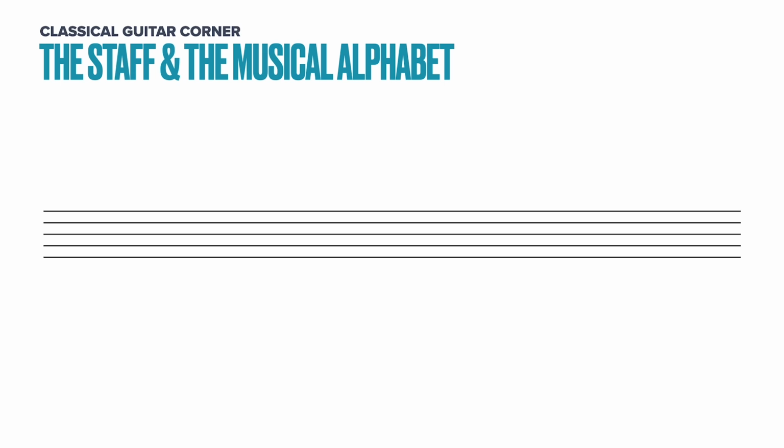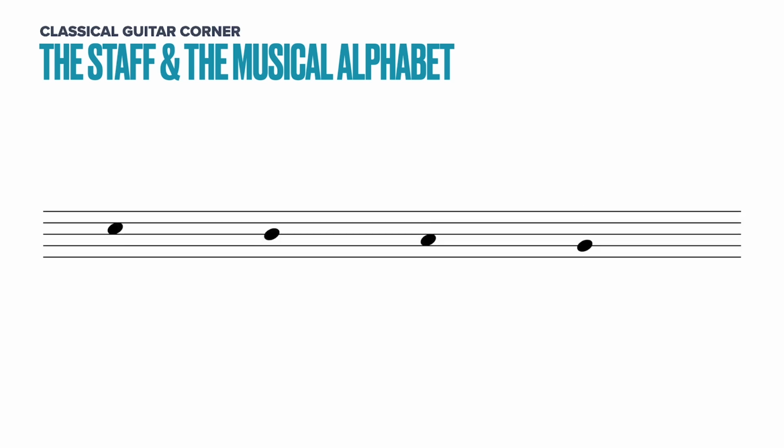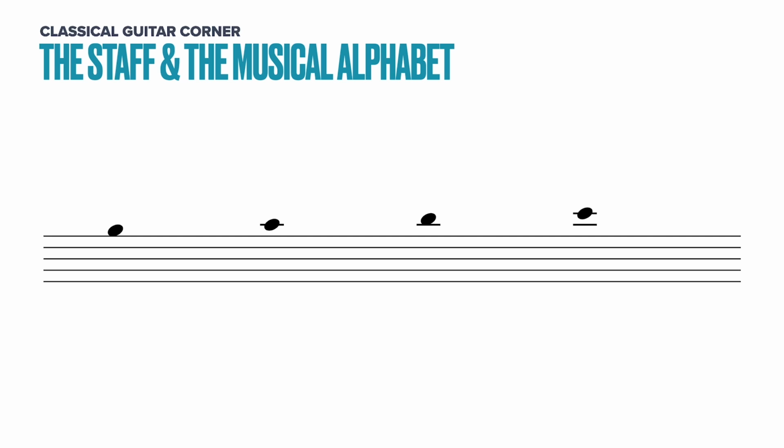As notes move up the staff, their pitch will be higher, and as they move down, their pitch will be lower. Because the range of the classical guitar is greater than can be represented with the 5 lines of the musical staff, extra lines are drawn to accommodate higher and lower notes. These are called ledger lines and follow the same use of lines and spaces.